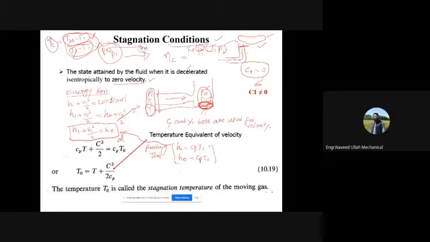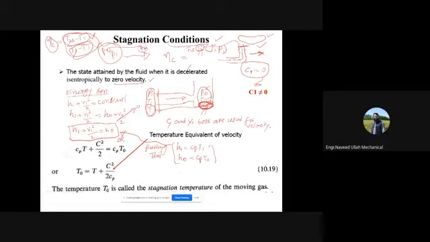Similarly, if you insert a thermocouple, the layer of the working fluid will strike the thermocouple, and its velocity becomes zero.